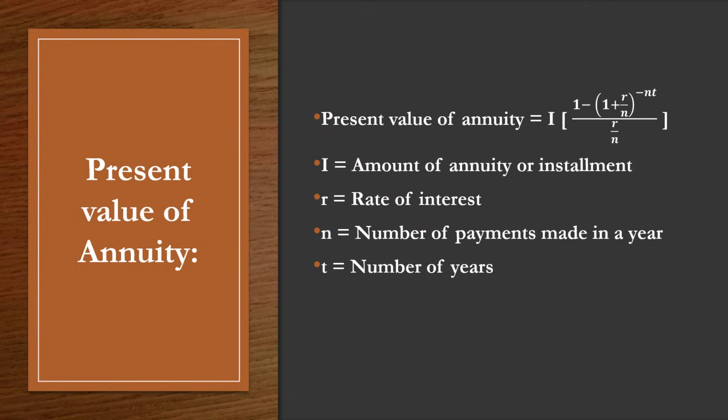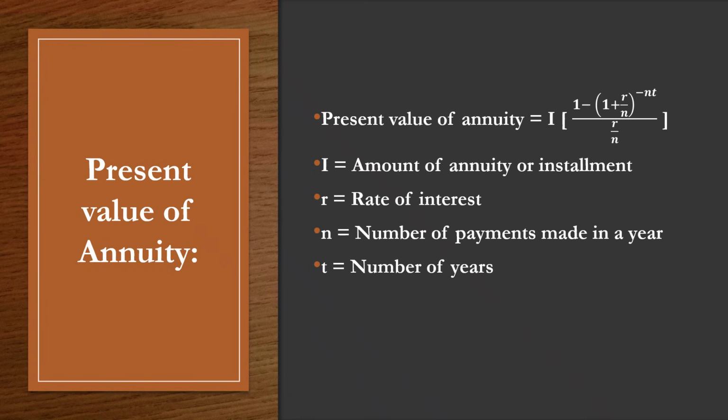So first we should know the formula for calculating the present value of annuity. The formula is: present value of annuity equals I into bracket 1 minus bracket 1 plus R by N bracket close power of minus NT.